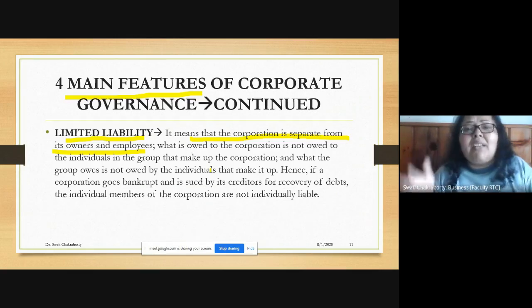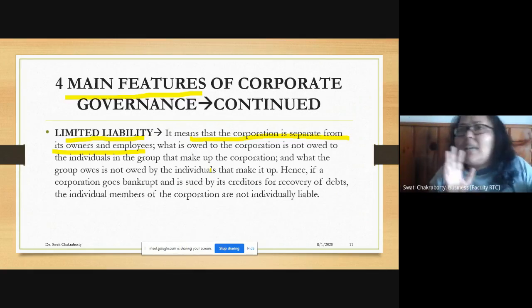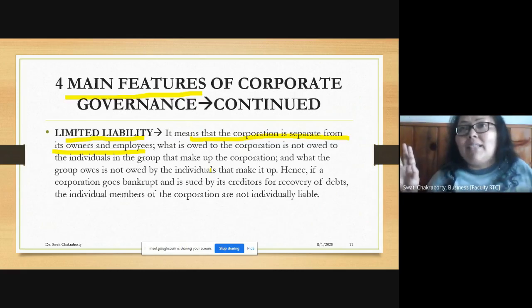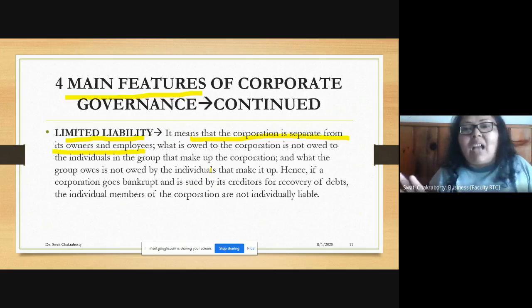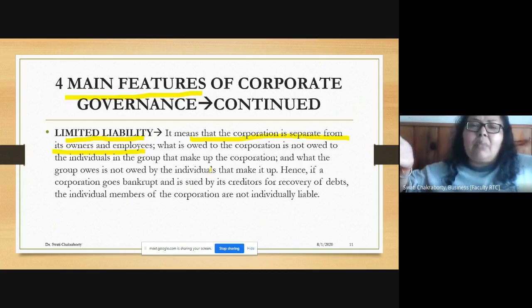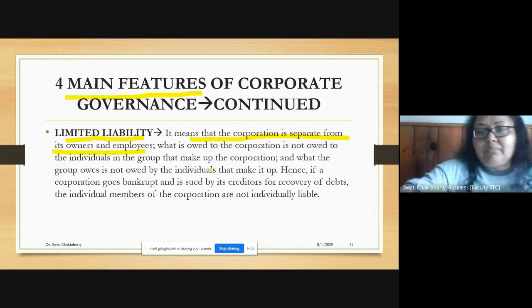If the business is not running properly, the owners and the employees do not have to take that responsibility. Whereas if the owner is in trouble or the employees are creating problems, the business does not have to take any responsibility. That's why it's limited liability. If the business goes bankrupt, the owners do not have to take any responsibility.